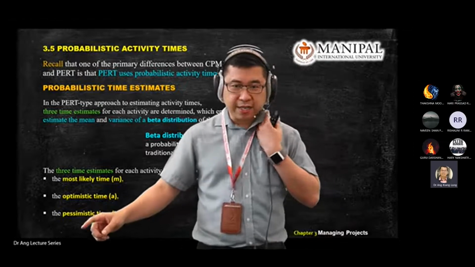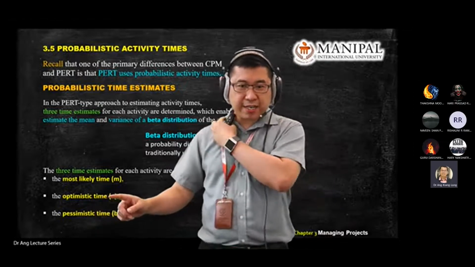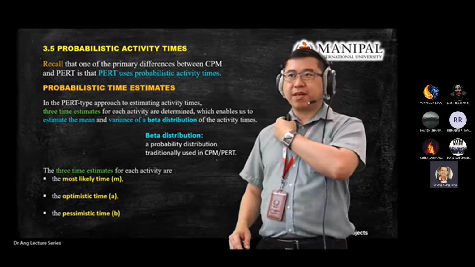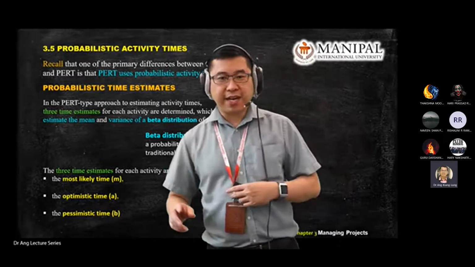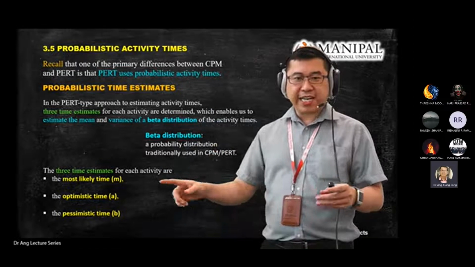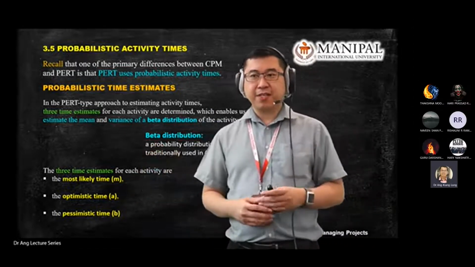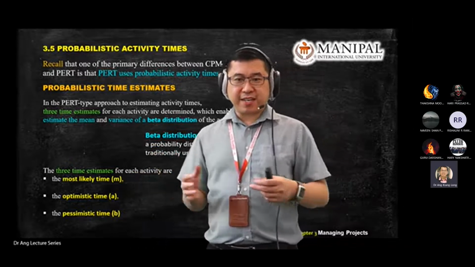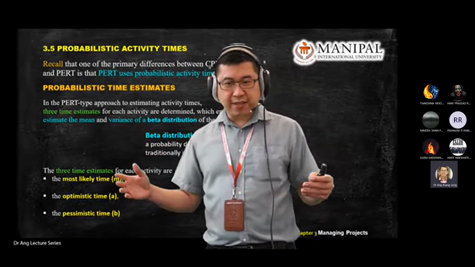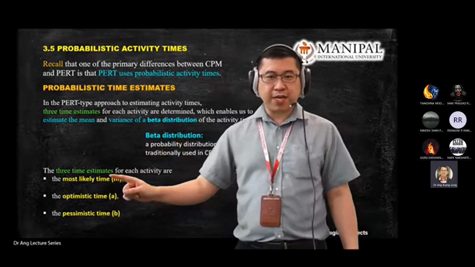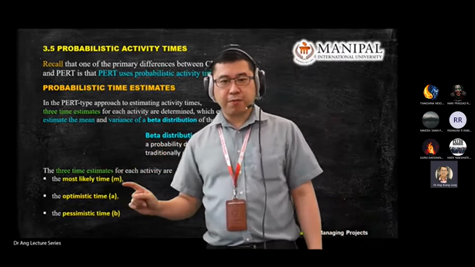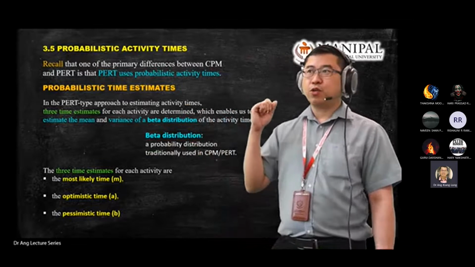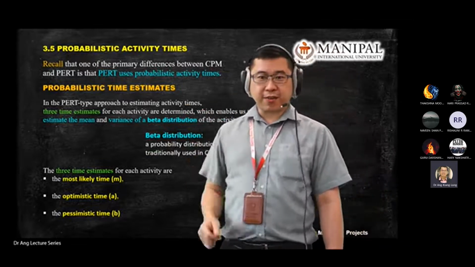One is most likely: if you go through any projects, if 9 out of 10 projects can complete in 3 months, you can use the 3 months as the most likely time, meaning the highest frequency that you can use in the calculation.